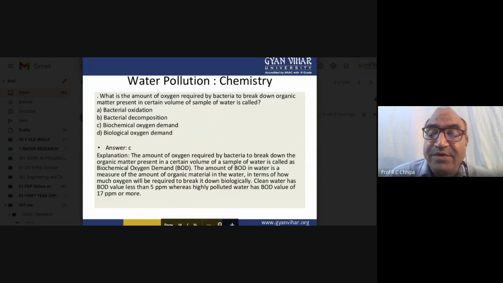The amount of oxygen required by bacteria to break down the organic matter present in a certain volume of a sample of water is called the biochemical oxygen demand.